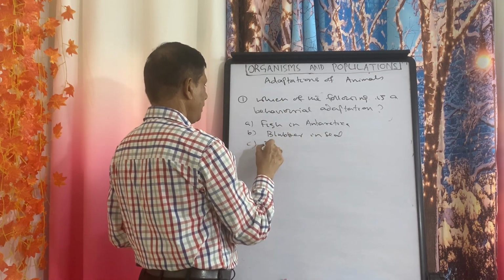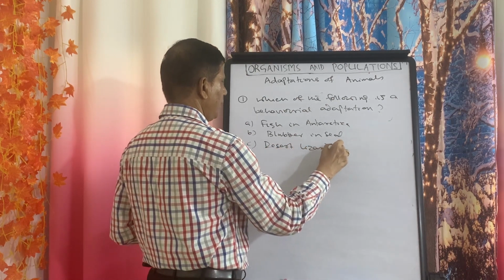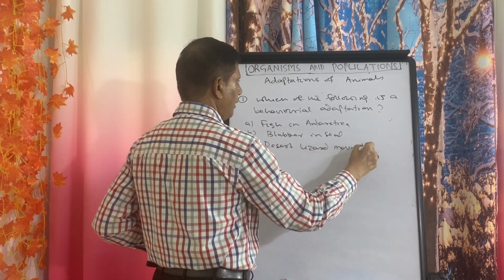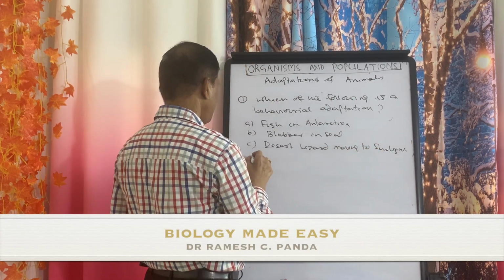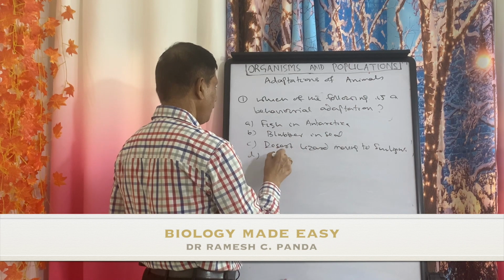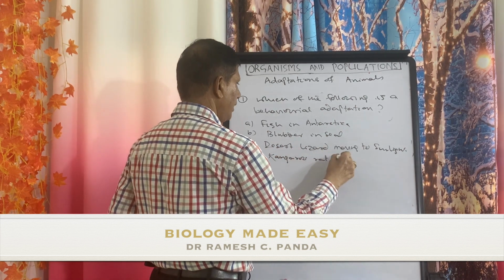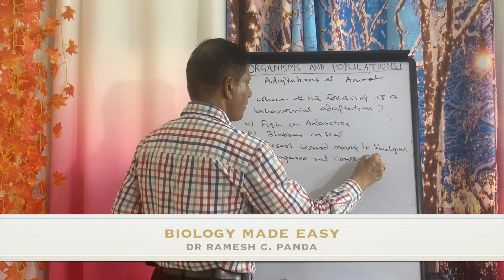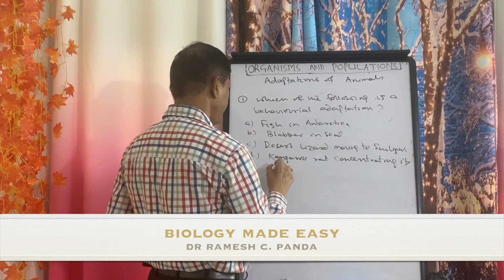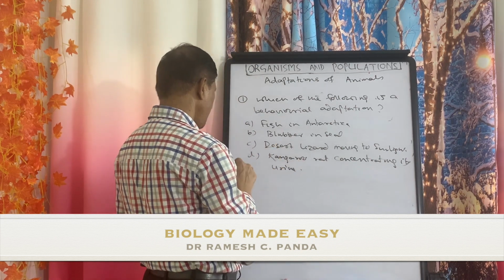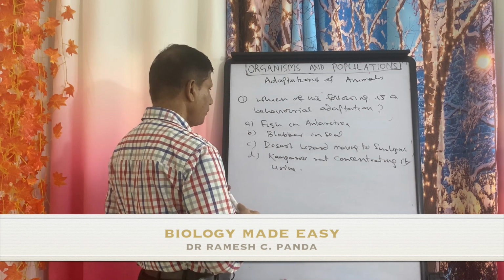C choice: desert lizard moving to sunlight. And D choice: kangaroo rat concentrating its urine. So which is behavioral?